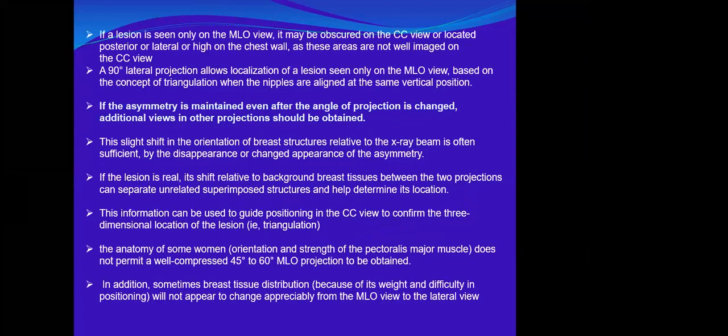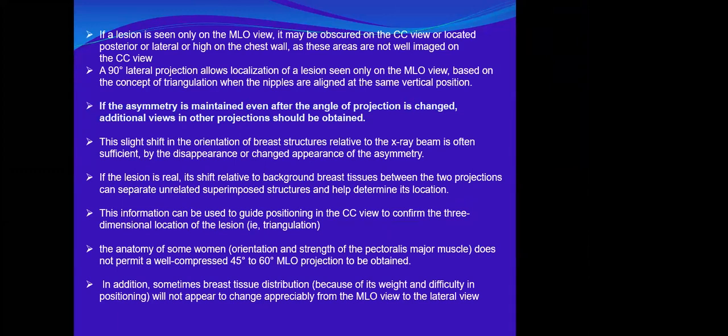If a lesion is seen only on the MLO view, it may be obscured on the CC view, or located posterior or lateral, or high in the chest wall, as these areas are not well imaged on the CC view.